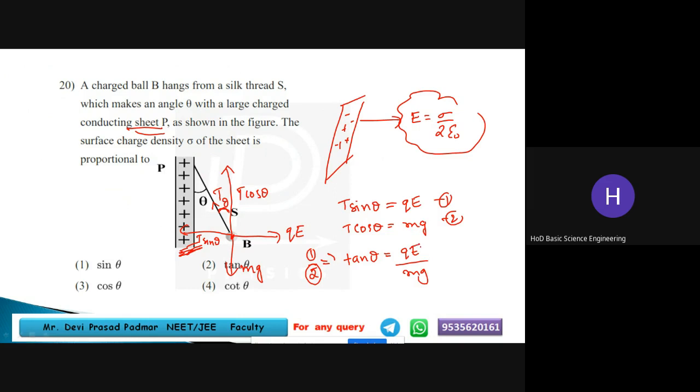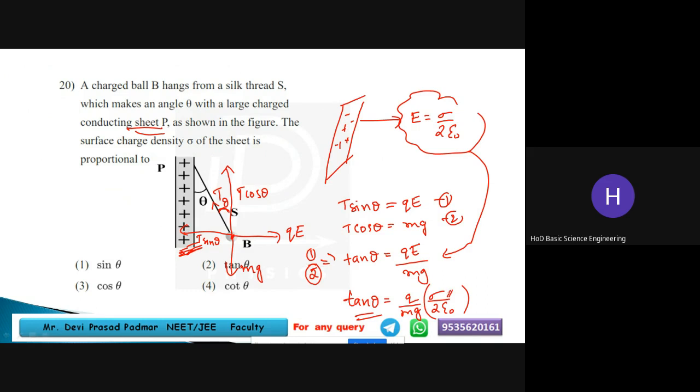Instead of this E, substitute sigma by 2 epsilon naught. So we get tan theta equal to Q by mg times sigma by 2 epsilon naught. Correct, no? Now if you look at this tan theta and sigma, how is sigma proportional? That is the question, right?